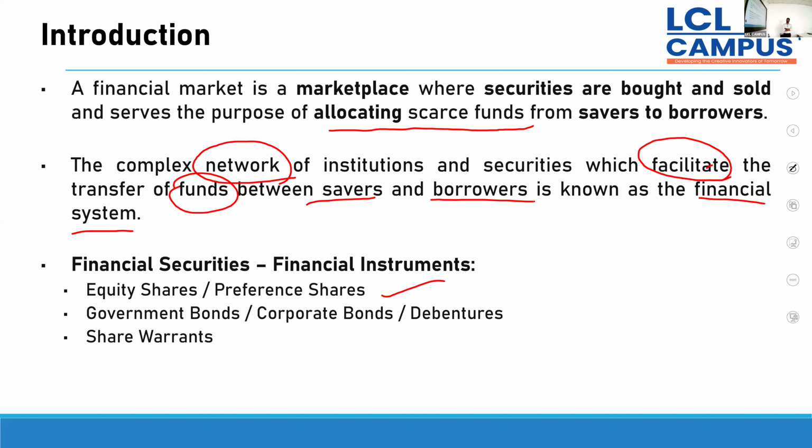Now you know what a financial market is as well as the financial system. What is a financial market? A financial market is a marketplace where securities are bought and sold.